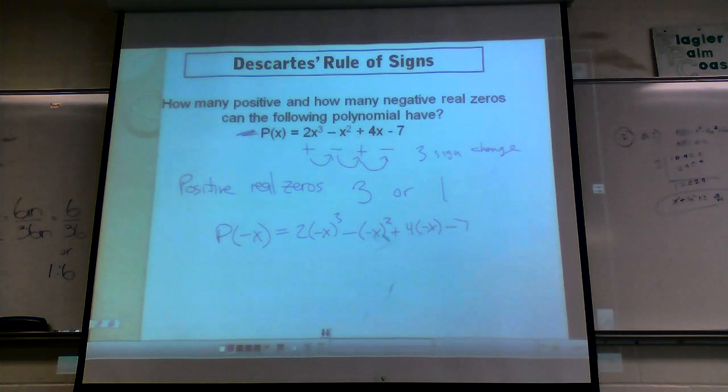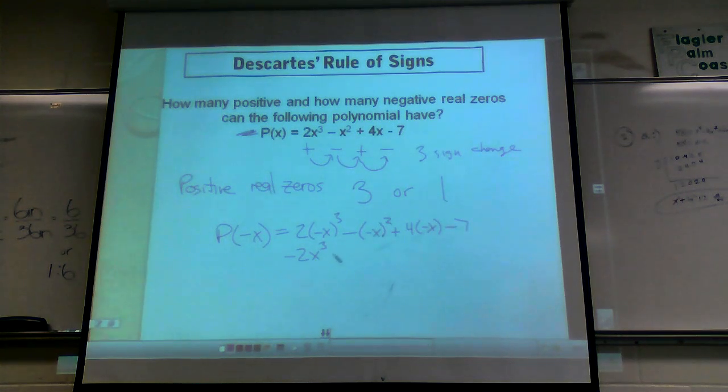Such as, if I do negative x cubed, if I cube a negative number, is it still negative? Yeah, like negative 2 cubed is negative 8. So if I simplify this, this becomes negative 2x cubed.